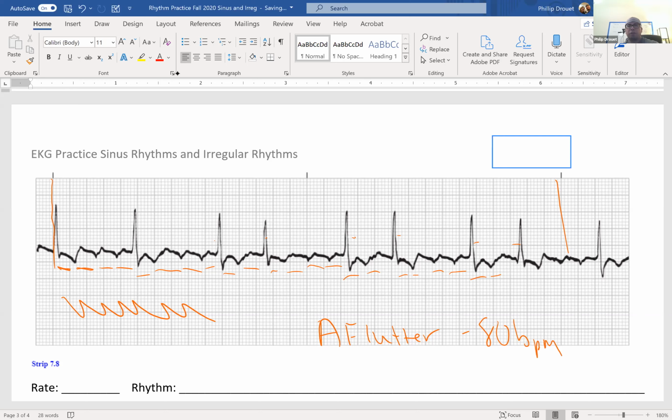And that pattern is consistent. 1, 2, 3, 4. My guess is that this one is going to have just 2. Okay. So that's why some of this rhythm lines up and some of it doesn't. So the reason atrial flutter is irregular is just because of that reason alone. There are sometimes where you have multiple P waves, and then sometimes you'll have fewer P waves before your QRS.